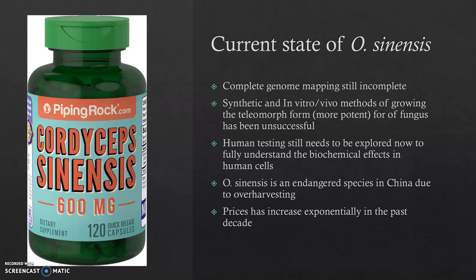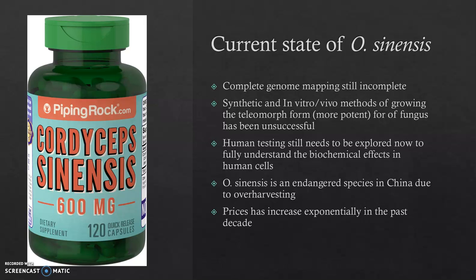So the current state of Ophiocordyceps sinensis is that the complete genome is still yet to be mapped. I think once that's done, maybe more synthetic drugs like this can be produced. But so far, synthetic and in vitro and in vivo methods of growing this fungus have not been successful just because they can't grow the teleomorphic form, which is the more potent form of this fungus.